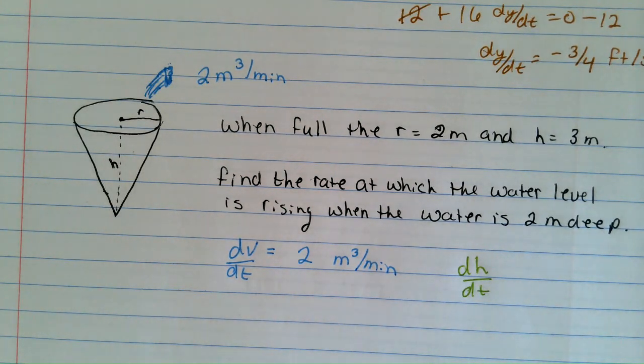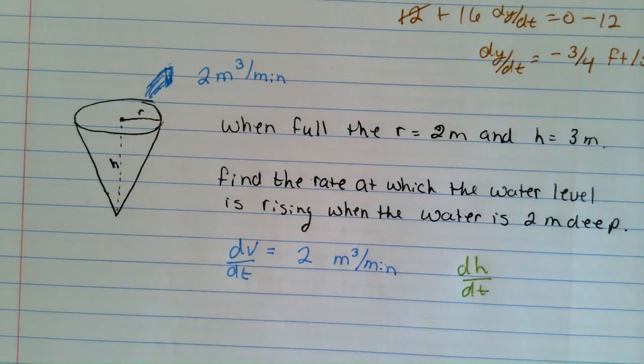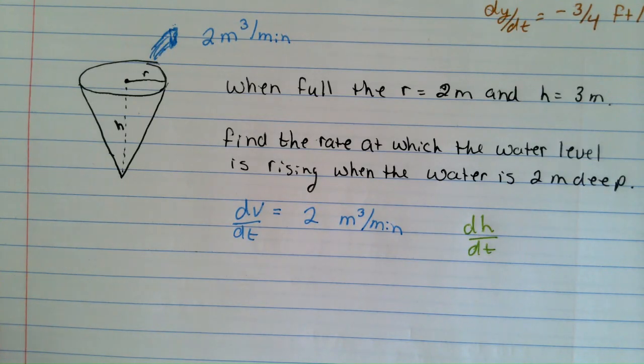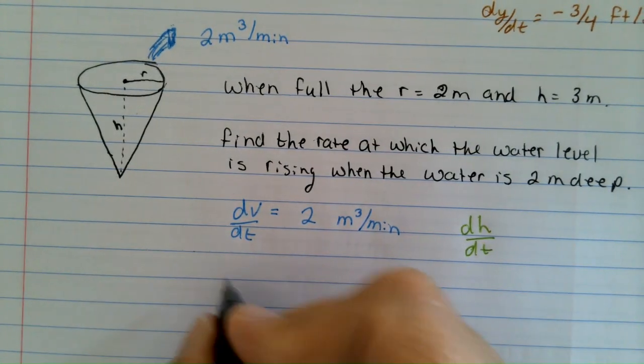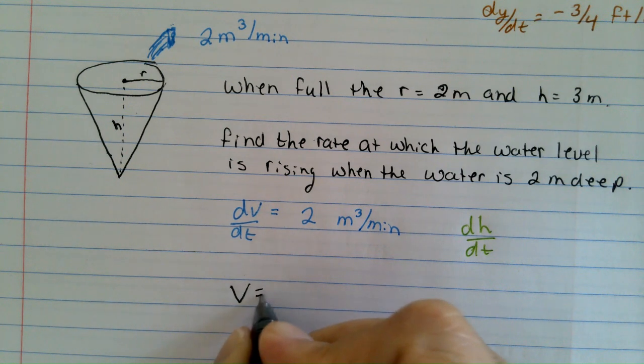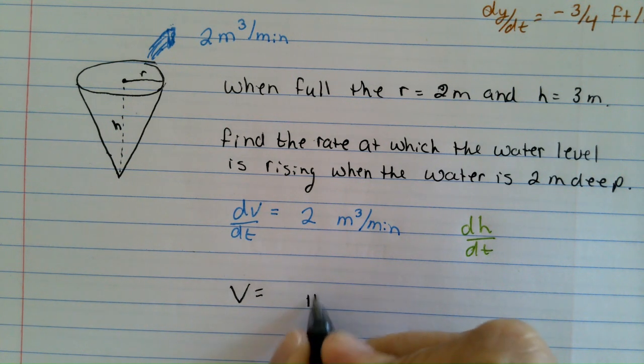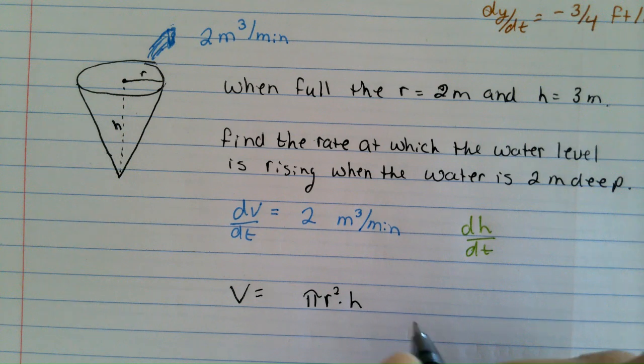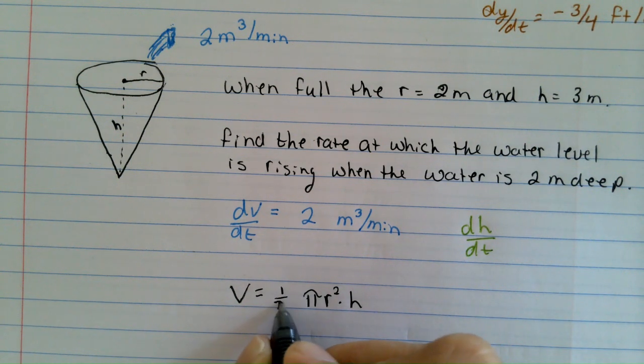We don't know anything about the radius and how fast the radius is changing, so we don't want the radius in our equation. So if you go back and you look for the volume of a cone, you will know that, by the way, anytime you have a 3D shape, it's always area of the base times the height. Because it comes to a point, we're multiplying by 1/3.